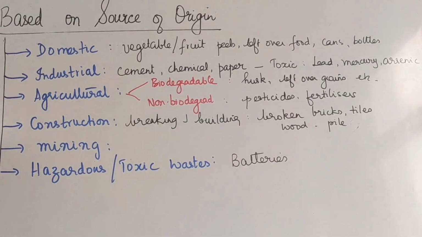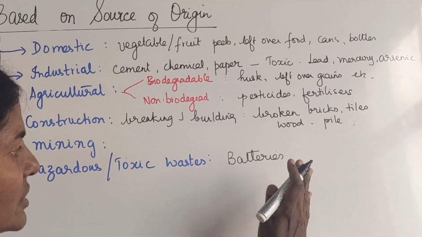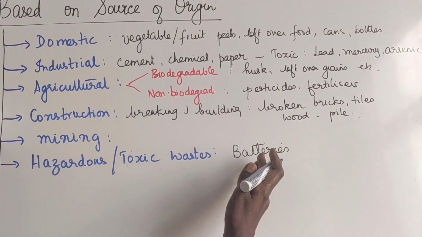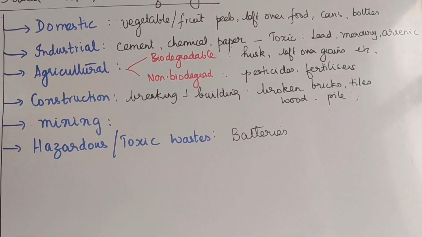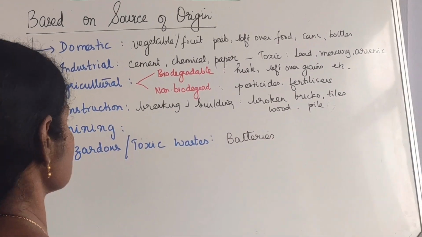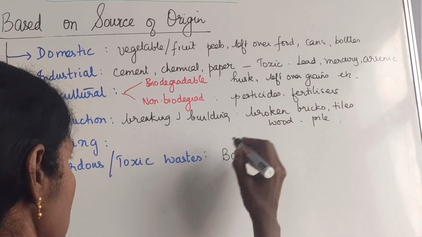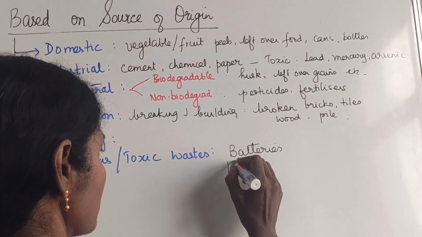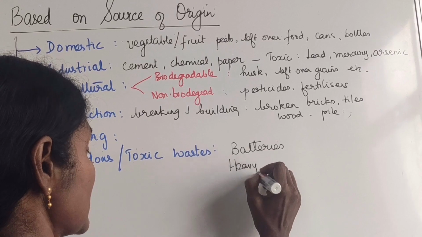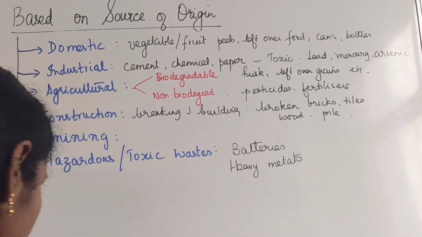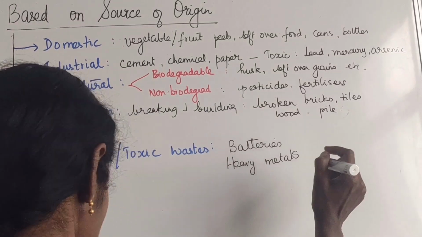They don't decompose easily and they also give out a lot of metals, again like lead and mercury, and it is dangerous. Okay, so that is hazardous. These batteries are hazardous. Then from industries we also have heavy metals which are also dangerous. These also come under this one.